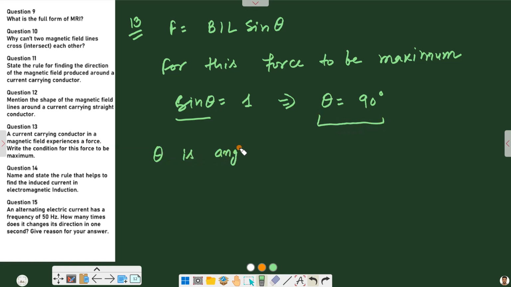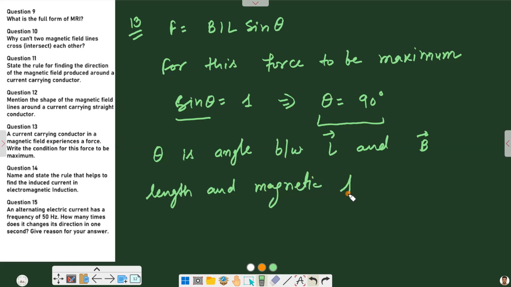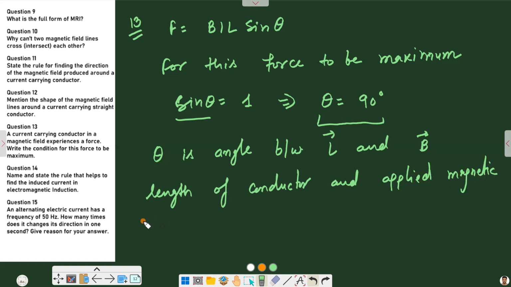Theta is the angle between length and magnetic field B. So it means the length of the conductor and the applied magnetic field should make a 90 degree angle with each other.